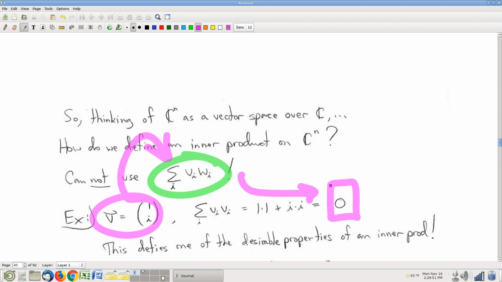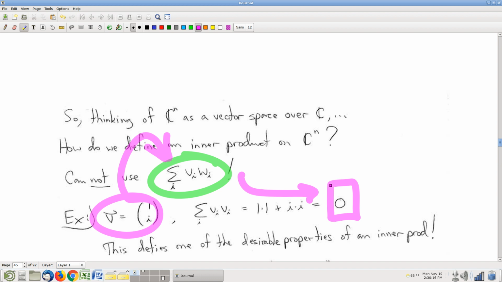And this is very disturbing. This is very, very bad, right? Look at the list of defining characteristics of the dot product that we wrote down a few days ago. One of the 4 defining characteristics, the last one, is that only the 0 vector is supposed to dot with itself to give you 0 as a result.